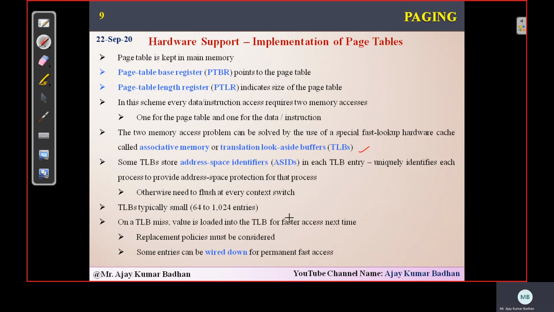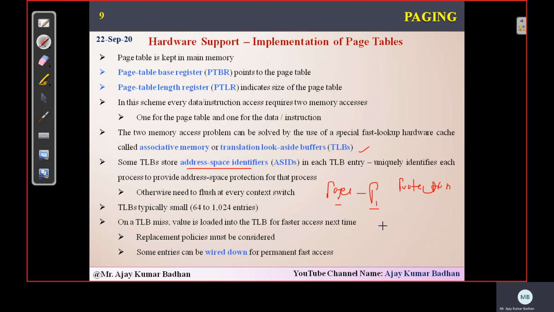TLB is completed. Now, apart from that, your operating system maintains one more terminology called address space identifiers. Since I told you that these are very crucial, we need to provide protection to each and every page, because these pages are with respect to specific processes. These pages are associated with one particular process.